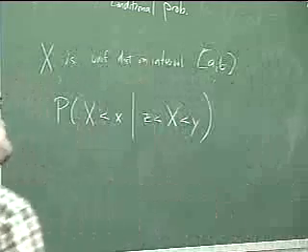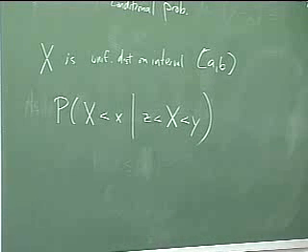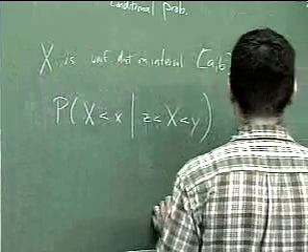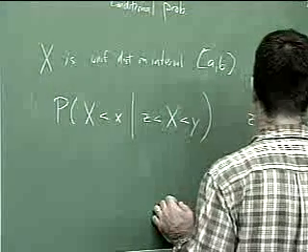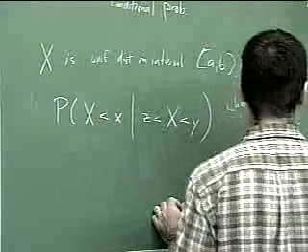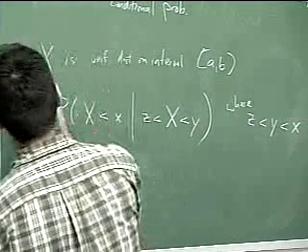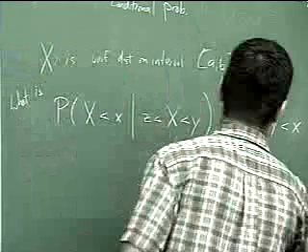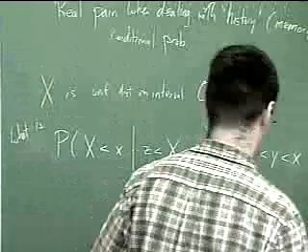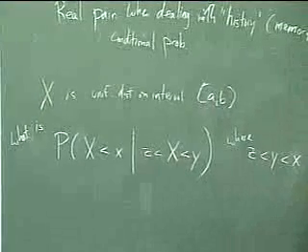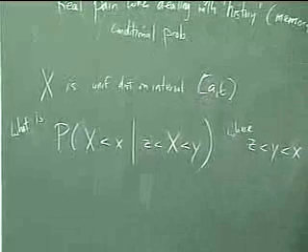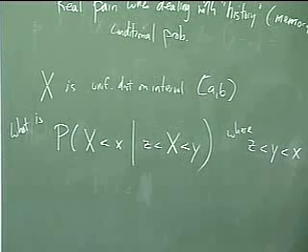Oh wait, this way, wait. Let's say, let's make z less than y less than x. Okay? So what is this? And the answer, just start off by using the formula.